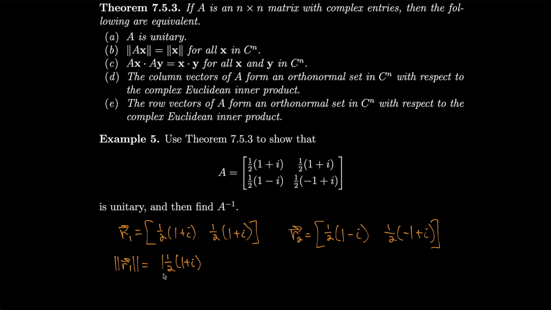We'll do the absolute value of that, and we'll square it, and we'll add that to the absolute value of half of 1 plus i squared. And we'll take the square root of all of that. Okay, so we get that this length over here squared is a half. The other one's also a half. So we get the square root of a half plus a half, which is 1.